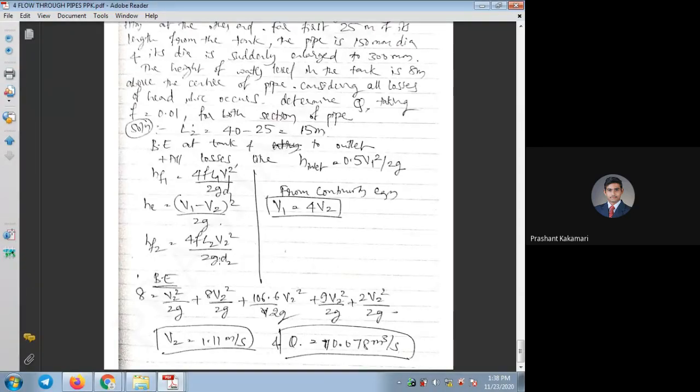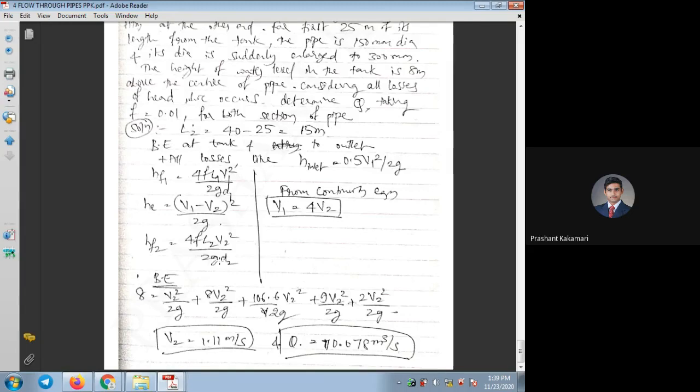Then HF1. So here for HF1, what you can do? L1 is 25 meters. F is 0.01, same value. V1 I'll write as 4V2 whole square, divided by 2G into D. So D2 is given, D2 is 300 mm.